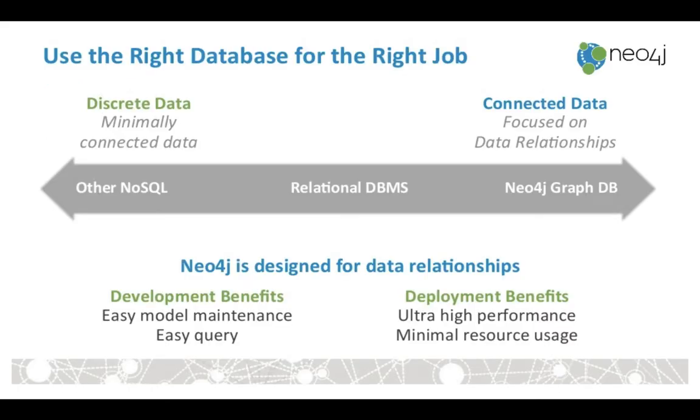So let's see when we should use the right database for the right job. You are familiar with the relational database management system. Then we have discrete data and connected data.